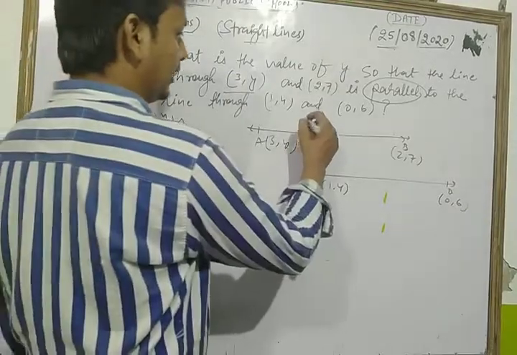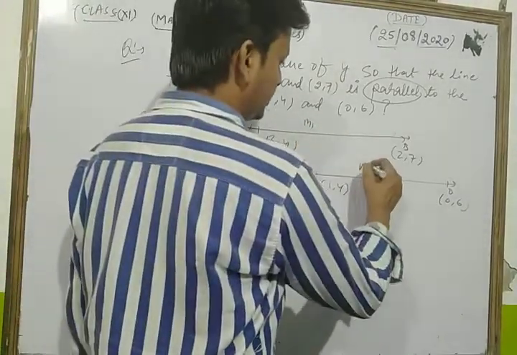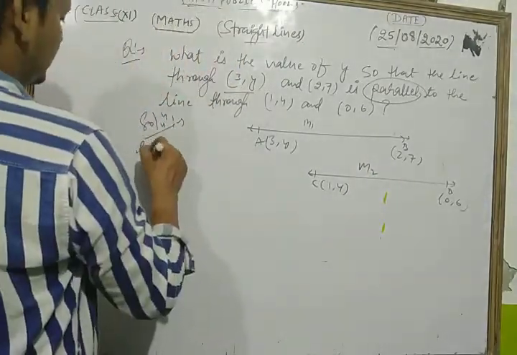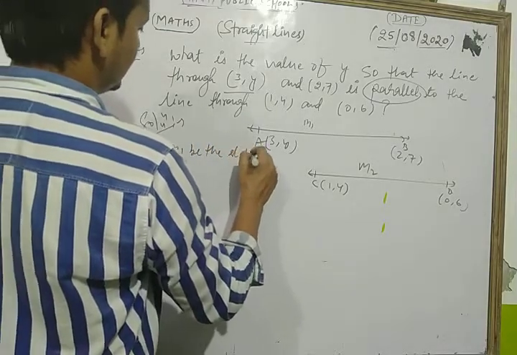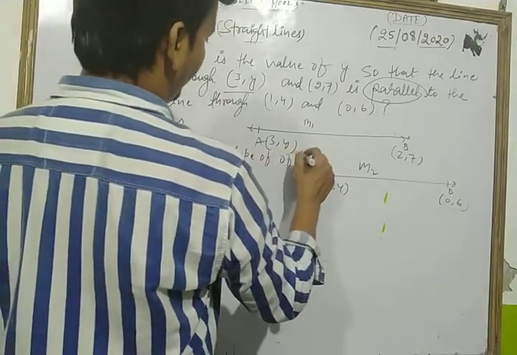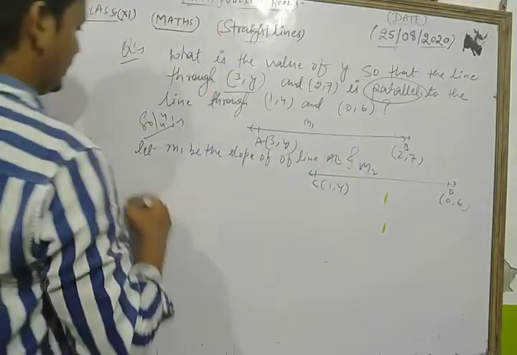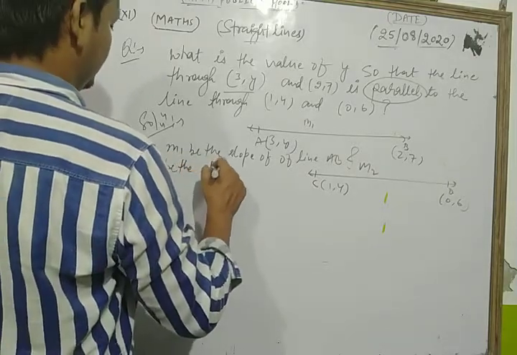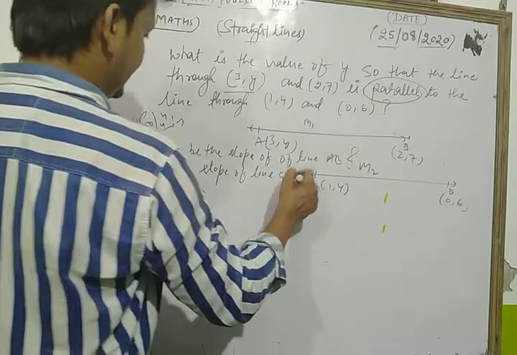Okay, let M1 be the slope of line AB and M2 be the slope of line CD.